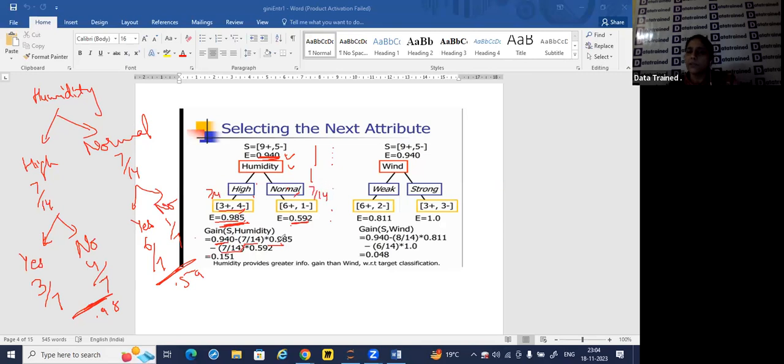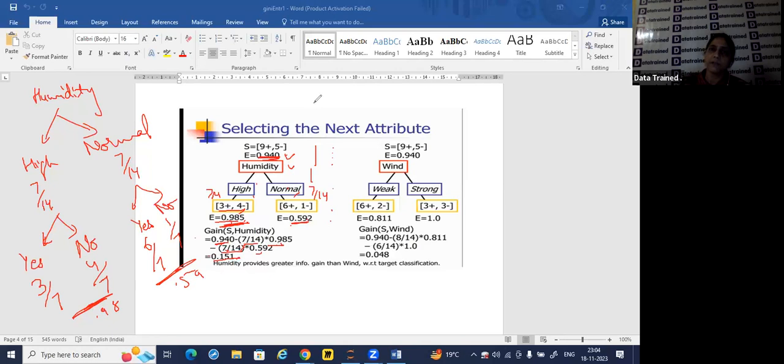So 7 by 14 into 0.98, minus 7 by 14 into 0.59. Once this is calculated, 0.151 is the calculated information gain of the humidity column. So the humidity column is giving 0.151 as the information gain.